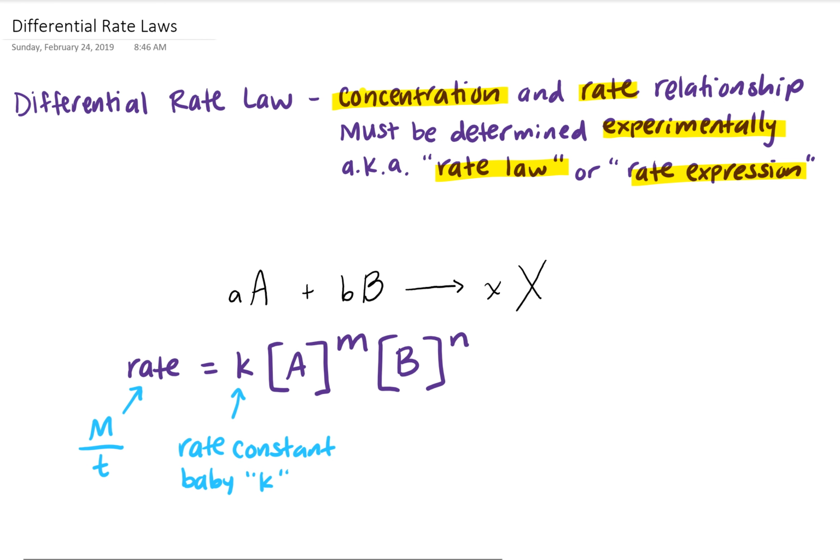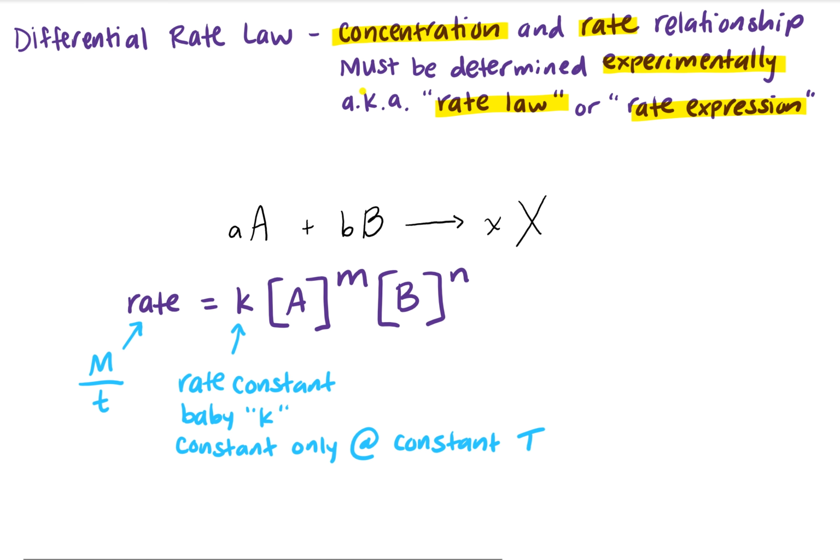Lowercase k for rate constant. It is temperature dependent. It is constant only at constant temperature, meaning once temperature changes, the rate constant is going to change. Units are super important for our rate constants, and we'll talk more about that later.